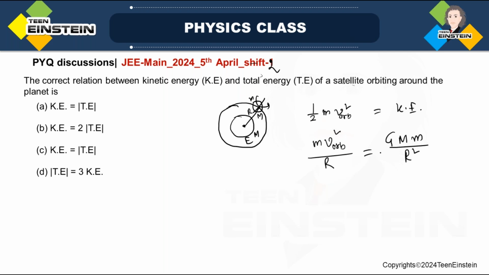In this case, if I take the height h, it will be a little different. Let me write G M m by r square. The center to center distance is fine, but for the time being let us take this in this way itself.